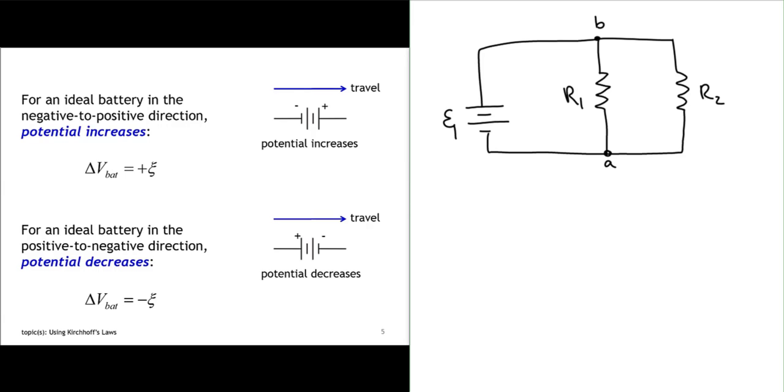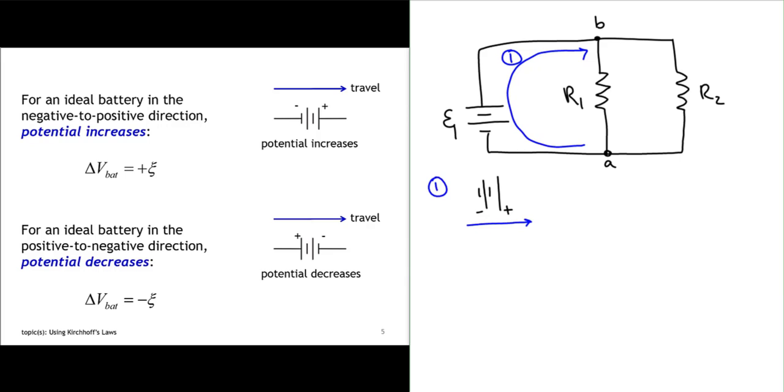And here we have 3 potential loops to take, 3 potential directions to evaluate voltage. If I go from the negative terminal to the positive terminal, that's a particular path, path 1. So for path 1, notice that I am going from the negative to the positive terminal of the battery.